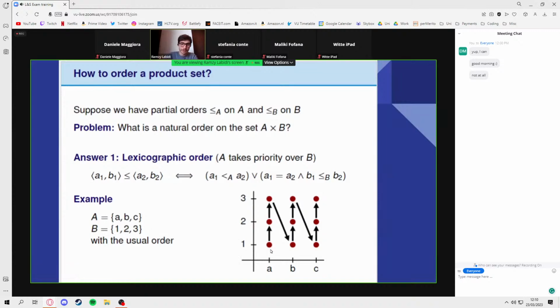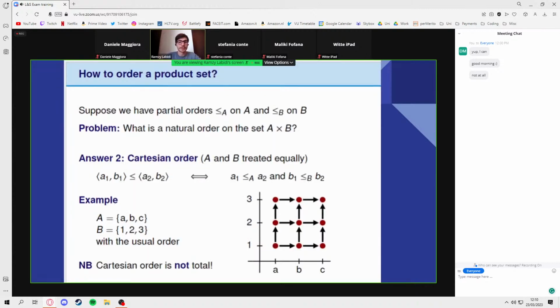You start with A, and then 1, 2, 3. You take for A each of the elements from the other set, and then rinse and repeat. This is not very important, as the exam questions would be more about building the Hasse diagram.